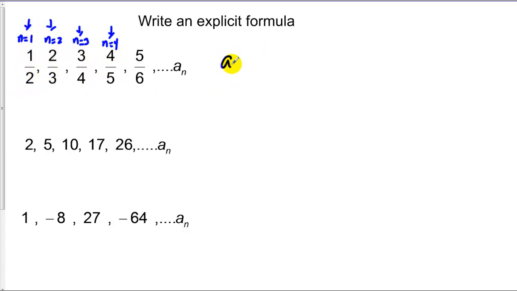So if I let my explicit formula be the nth term is equivalent to n over n plus 1, that gets every single term in my list. In the second sequence, we do the same thing. n has to equal 1, 2, 3, etc., etc.